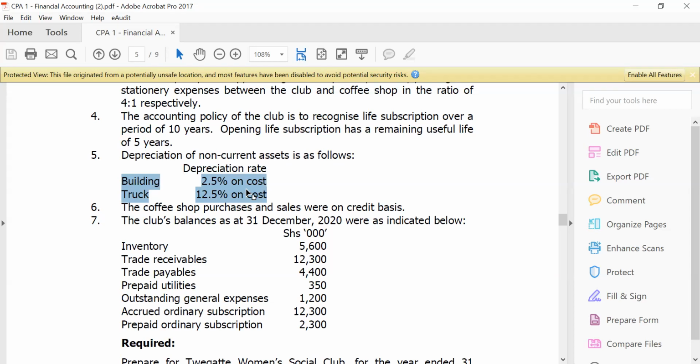But the buildings and truck that we have been given do not relate to the coffee shop because it has not been stated so. There are some assets that they don't need to state that they relate to the coffee shop or not. For example, if we had a coffee delivery van, that one you definitely consider to be an asset for the coffee shop. But here, these assets are general, so they relate to the whole club.